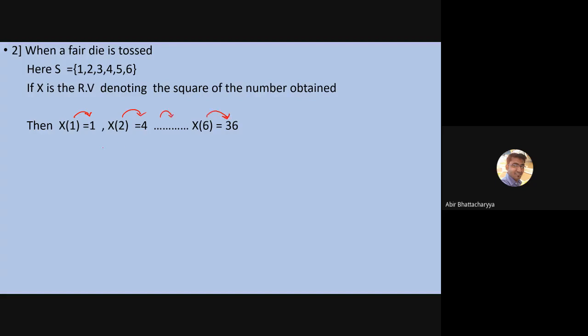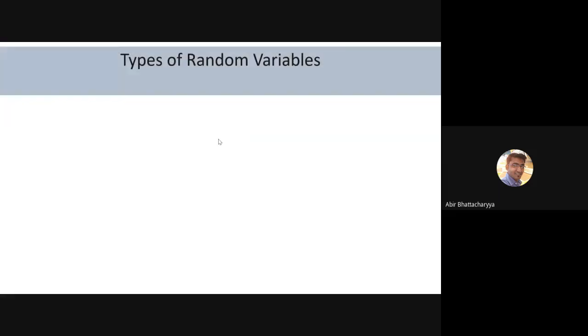So these are the values of the random variable: 1, 4, 9, 16, 25 and 36.